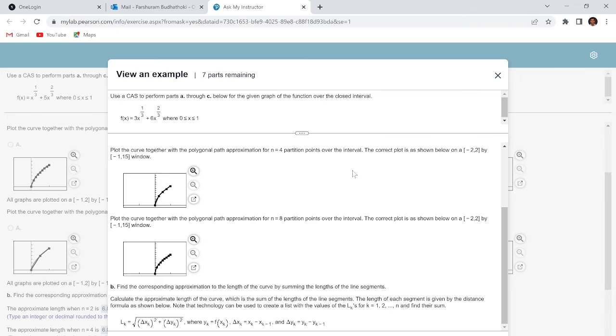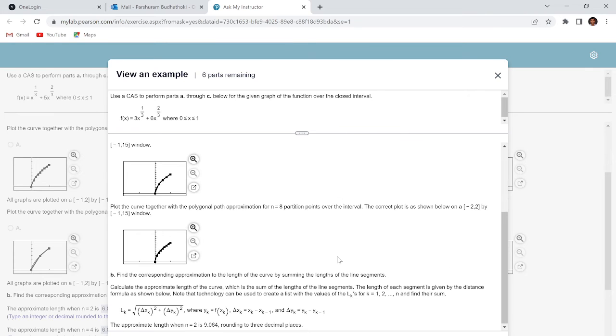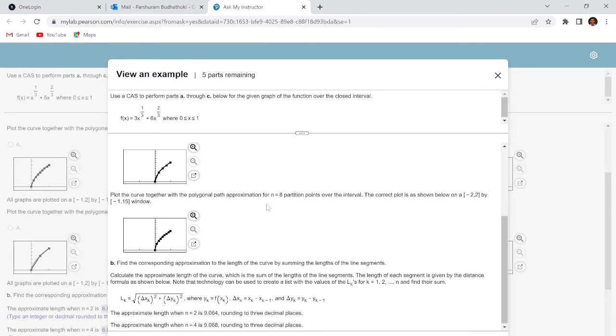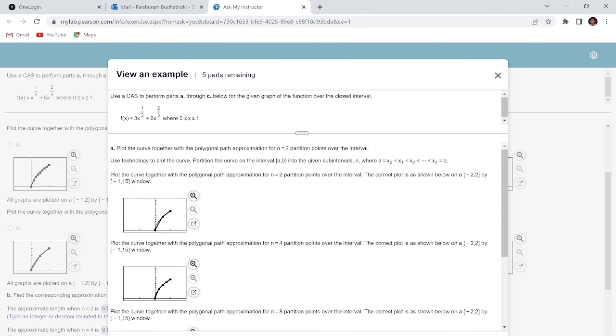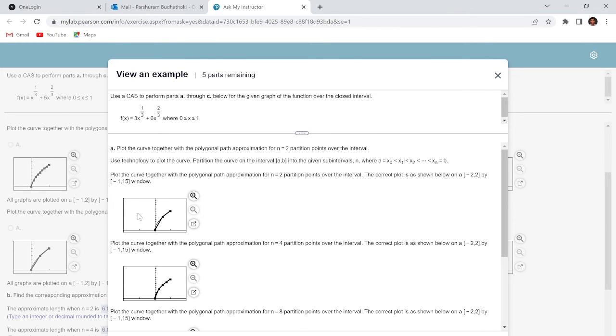So that is for n equal to 2. Now you have to do the same thing for n equal 4. This time you are dividing 0 to 1 into 4 different sub-intervals.